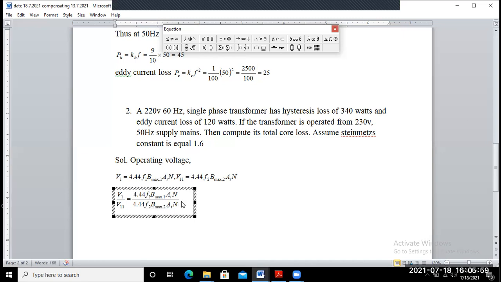If you simplify this equation, this term and this term cancel. AI and the number of turns will cancel. So the remaining parameters we just write down here.